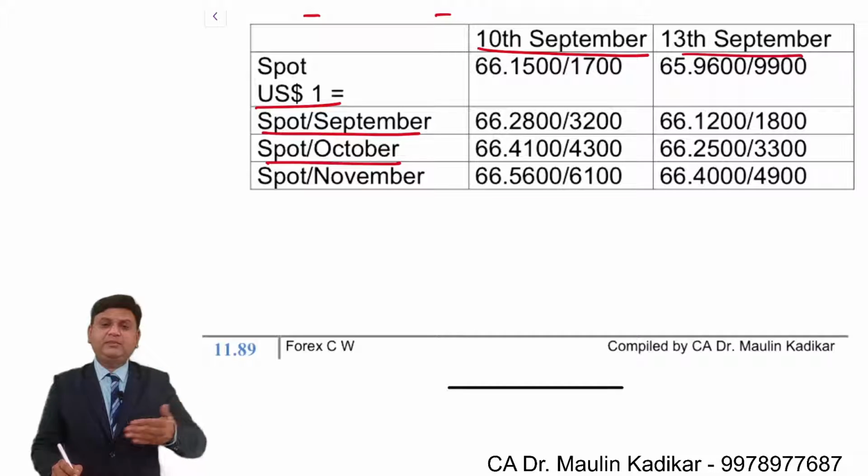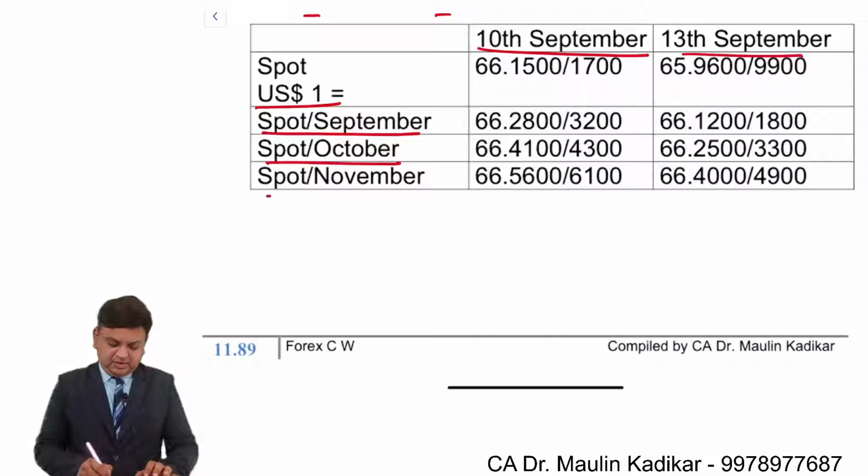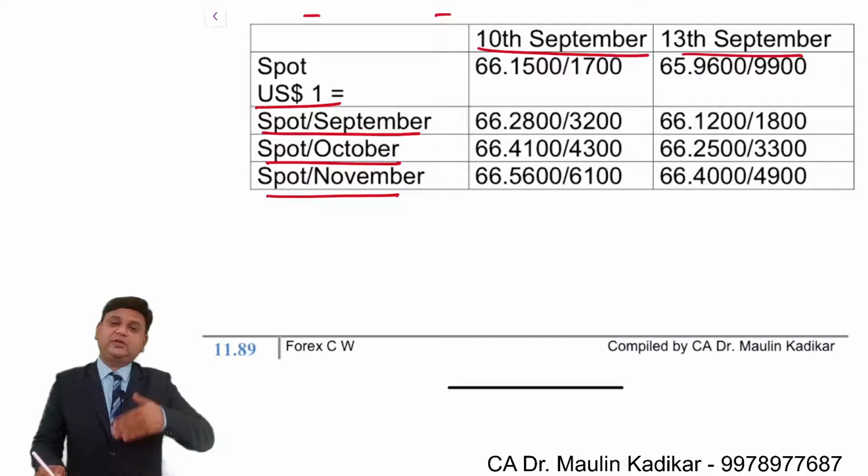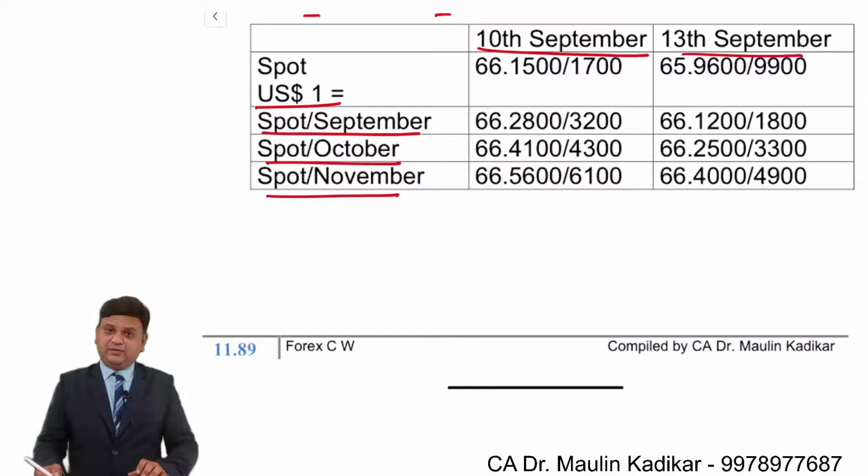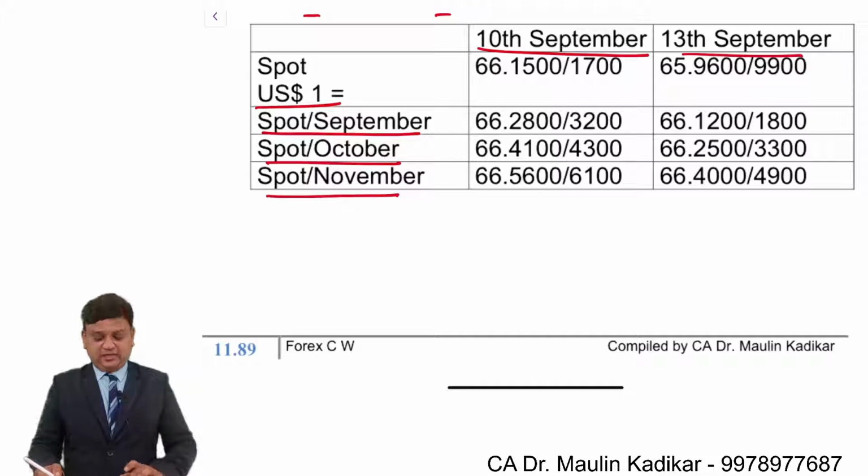Spot October means for October month, if you want to take any forward contract, for any date this rate would be applicable. Spot November means for the month of November, for any date you want to enter into the forward contract, this is the rate applicable.